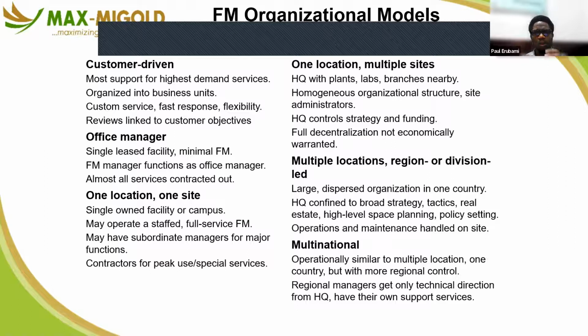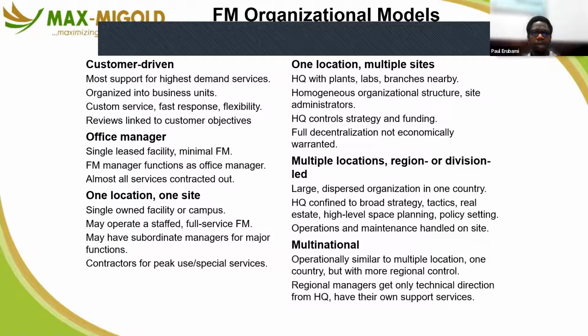So instead of having one campus, like a university having 300, 500 buildings in one site, the one location, one site model, if you have a bank with those same number of buildings, but all spread out across the country, there will be very different models you can run.